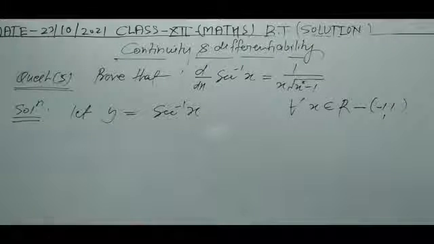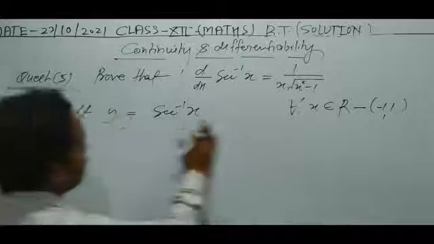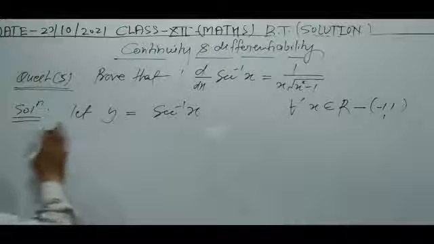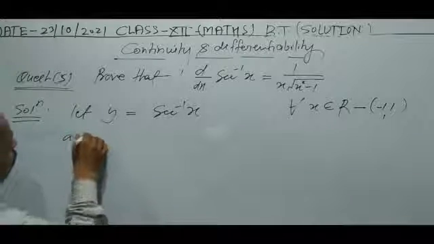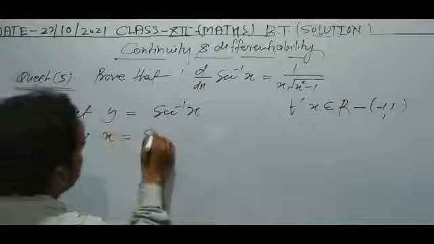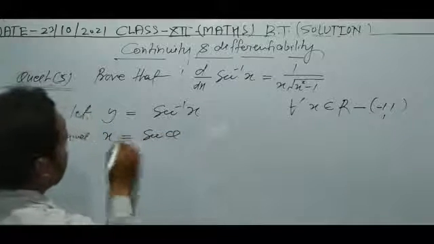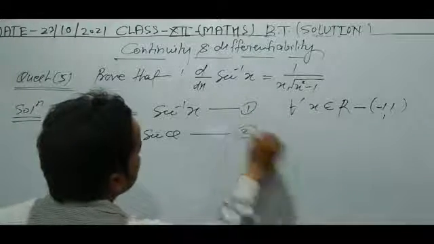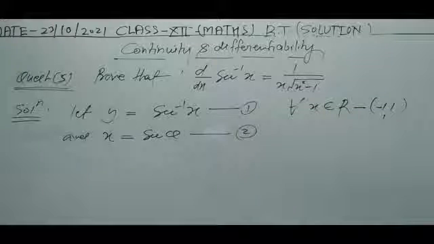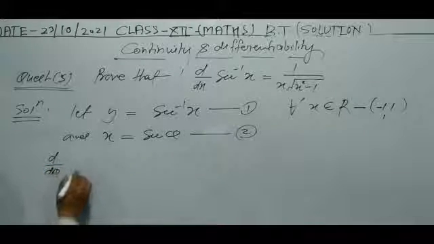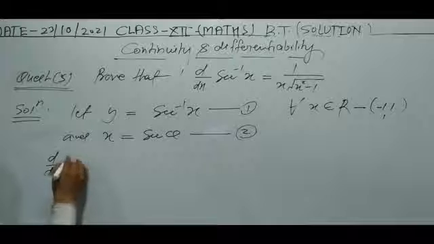Now in this question, first of all you will consider y is equal to sec inverse x. So let x is equal to sec theta. Now consider equation 1 and equation 2. Then we are going to differentiate equation 2 with respect to theta.